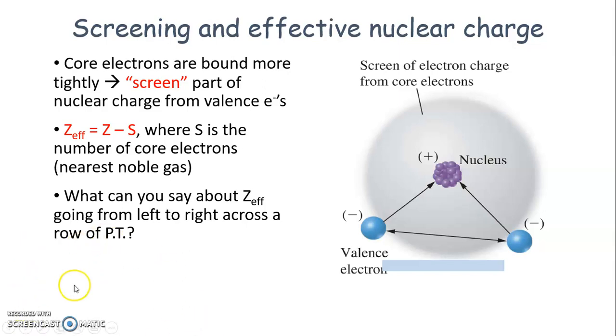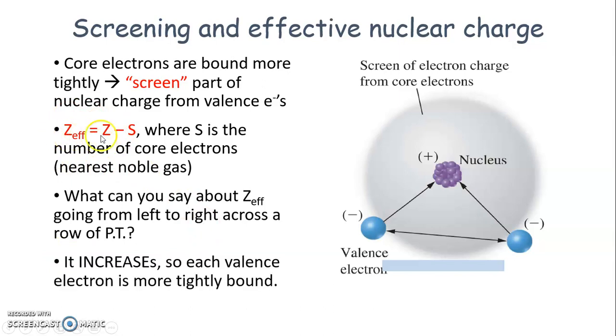Okay, the effective nuclear charge going from left to right across a row is going to go up. Clearly, it has to, because it's talking about atoms with the same noble gas core, but with more valence electrons. So basically that, and therefore more protons. So this number, the effective nuclear charge, is increasing.